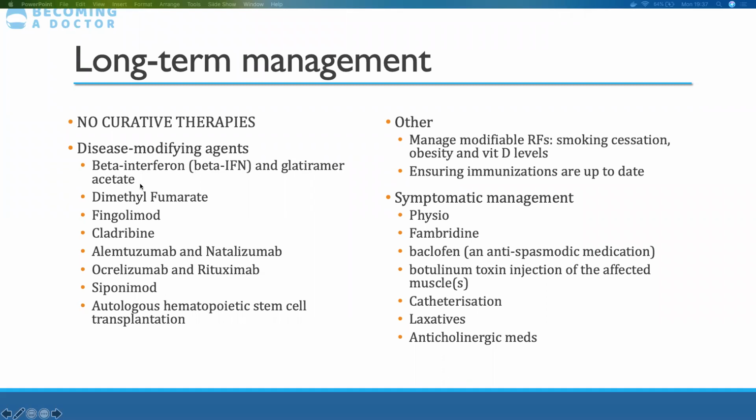Basically that's because you can inject them into the body, and they regulate the inflammatory response, and what they do is they reduce the relapse rate, and they slow down the accumulation of disability. And these ones are good because not many side effects are seen.